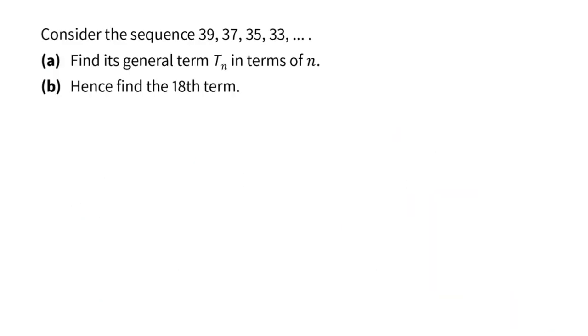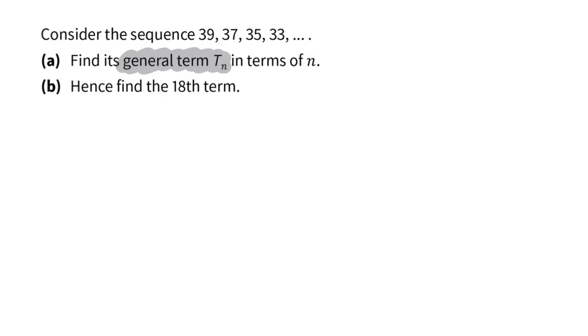Hello everyone, welcome to this video where we are given a number sequence and we need to find the general term in terms of n. Okay, so the very first observation that we need to see is whether we can have a number sequence that is by a common difference.